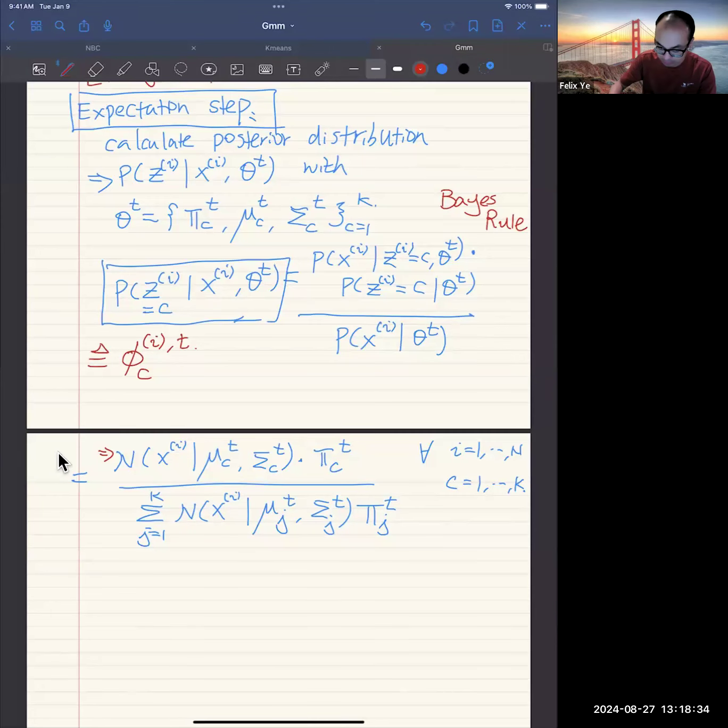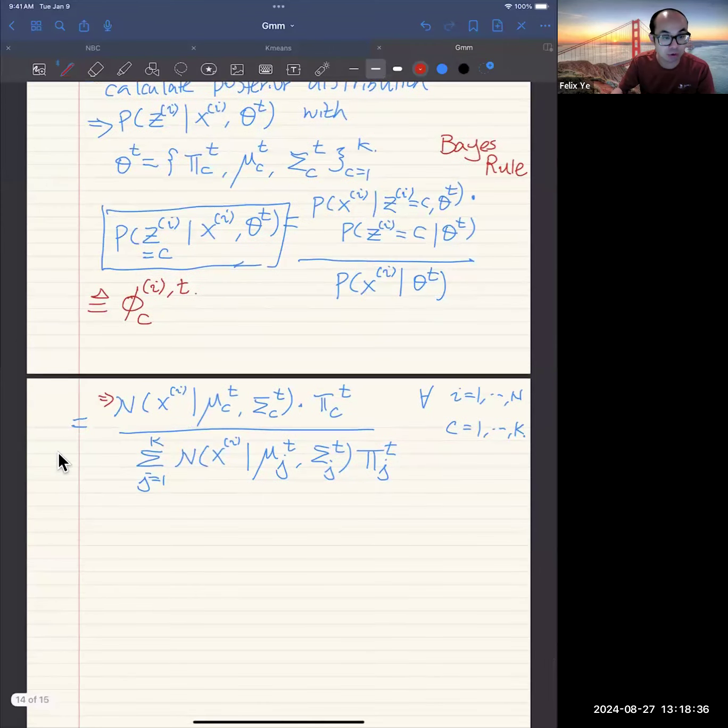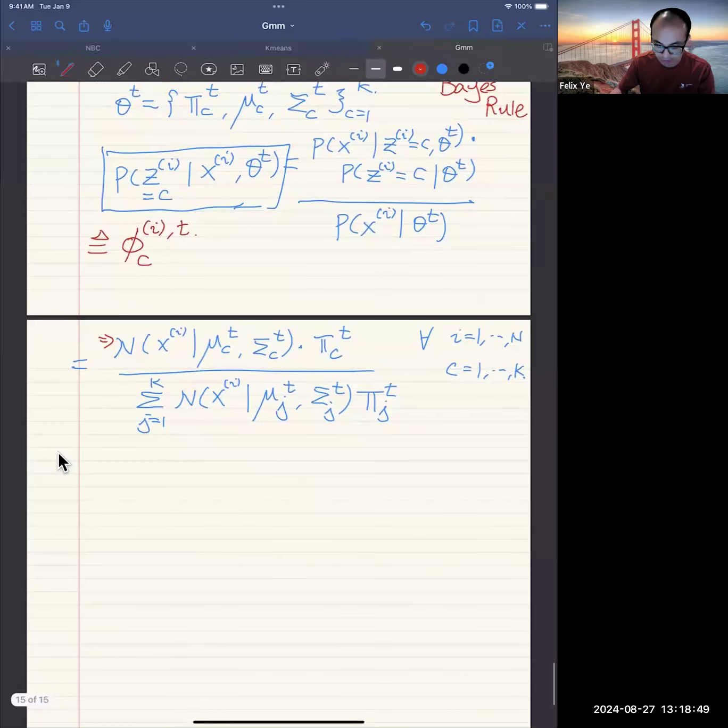These posterior distributions actually let us make predictions. We can put all these probabilities into a vector.